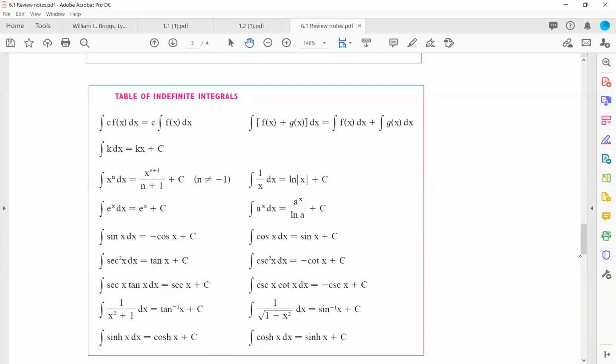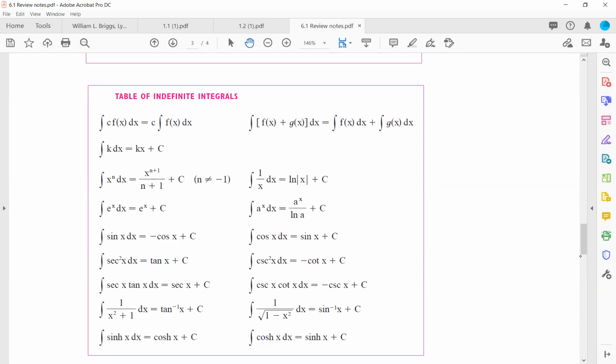That integral is equal to x to the n plus 1 over n plus 1 plus constant of integration. You can always check these integrals by taking the derivative of both sides. The integral of 1 over x dx is ln of absolute value of x plus constant of integration.